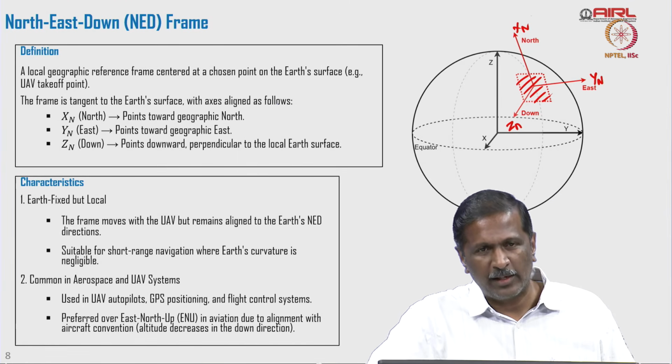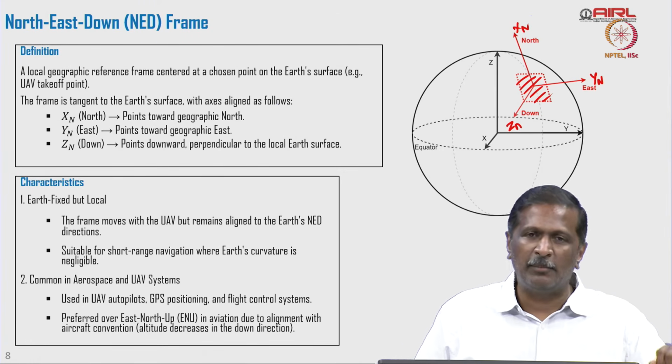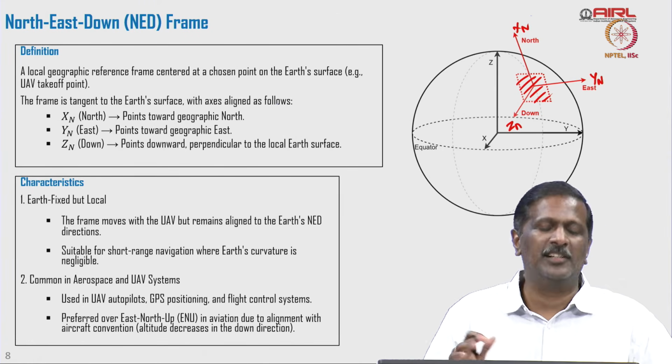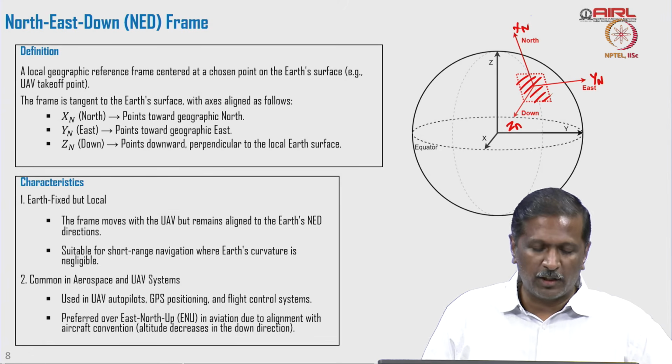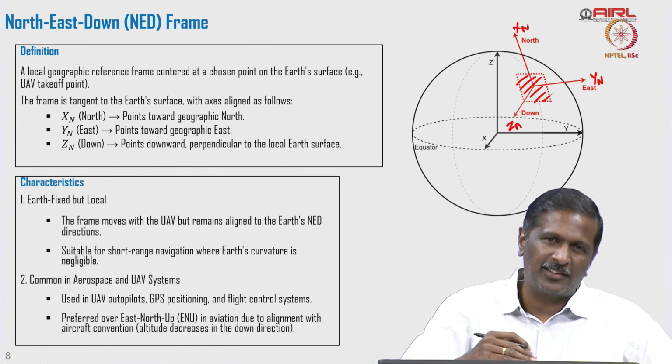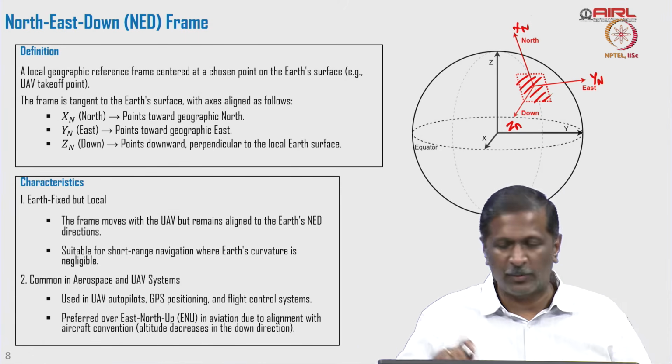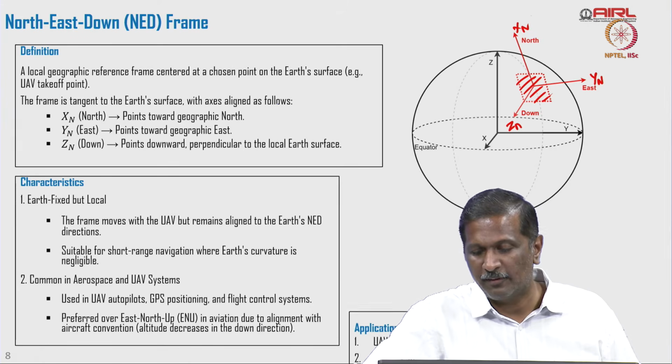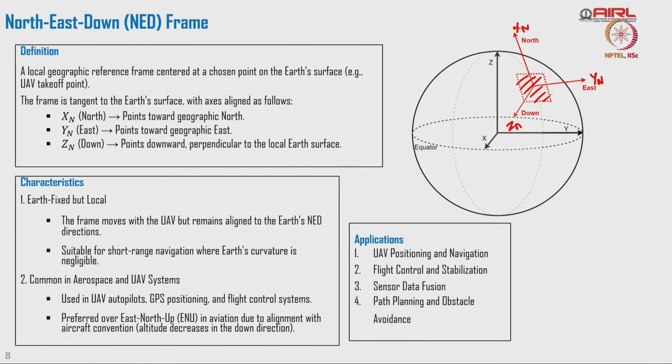This particular coordinate system is preferred over ENU in aviation, particularly due to its alignment with aircraft conventions. What we talk about, altitude decreases in the downward direction, right. That is why we use this frame of reference. Again, one can use ENU or NED.